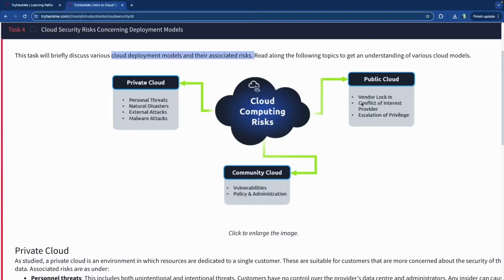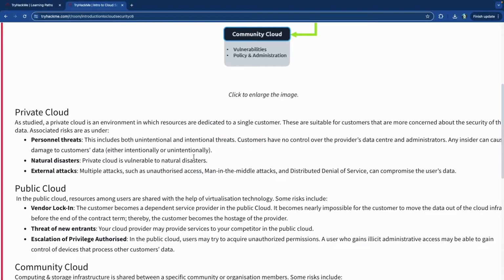When you have public cloud, there's vendor lock-in, conflict of interest, escalation of privileges, and then community cloud, vulnerabilities in policy administration. These are literally just a few of the vulnerabilities or associated risks that go along with these types of clouds, right?